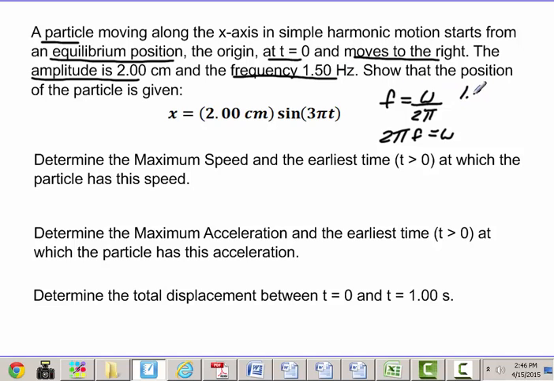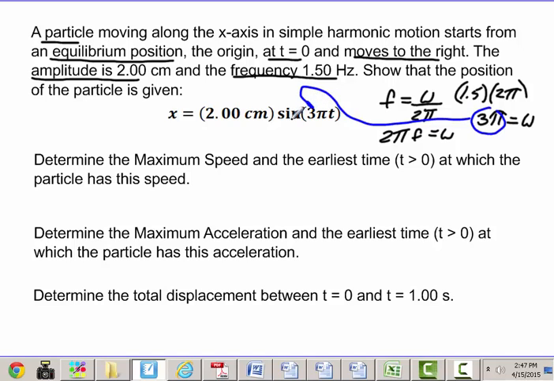So 1.5 times 2 pi will give me a value of 3 pi. So 3 pi will represent my omega, and that validates this value right here.